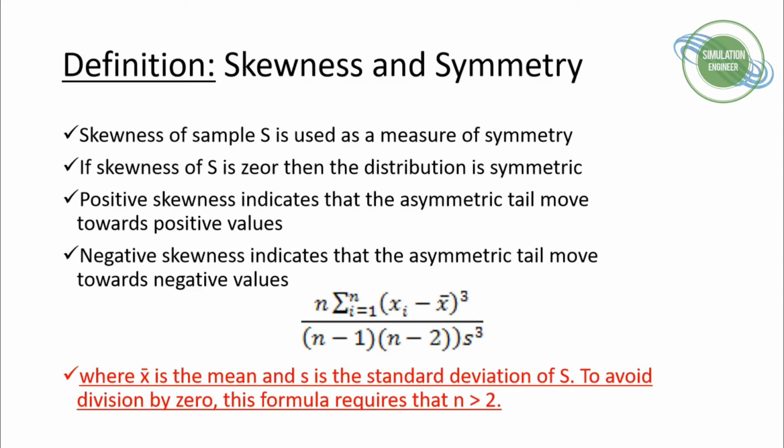So how can you check whether your data is symmetric or skewed? For example, how can you calculate the skewness for your sample? The skewness of a sample is used as a measure of symmetry. If your skewness is 0, then the distribution is fully symmetric, and in that case the average or mean measure is in most cases good enough.